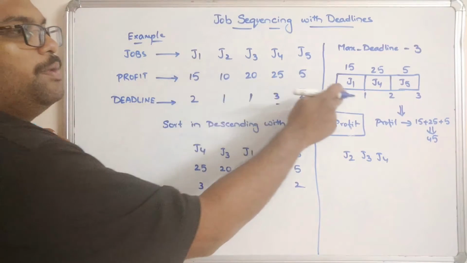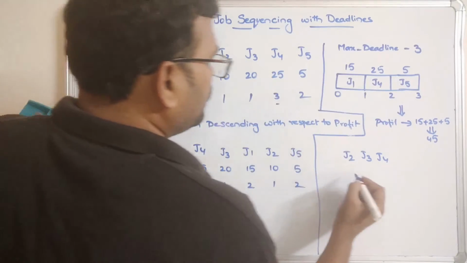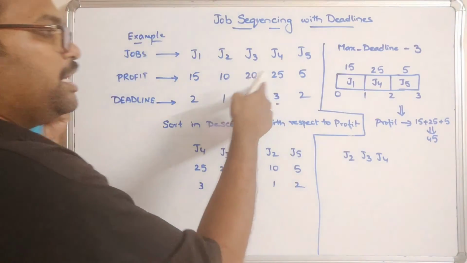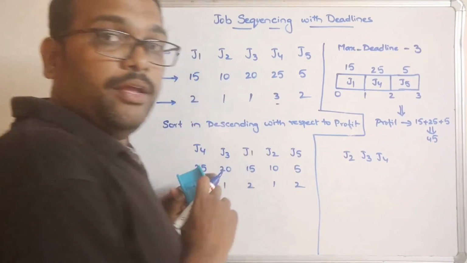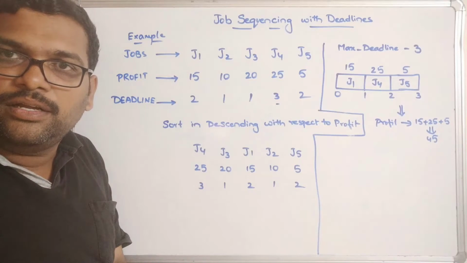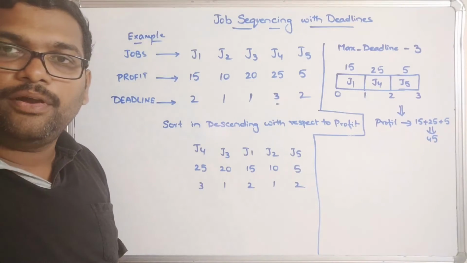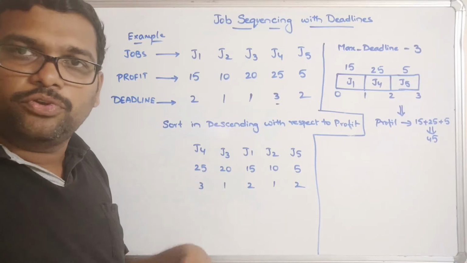First J2 will be taken here, J3 we can complete, J4 we can complete, and the profit will be 10 plus 20 plus 25. Okay, so here we will be having a lot of solutions, and we can't say that this will be the optimal solution.